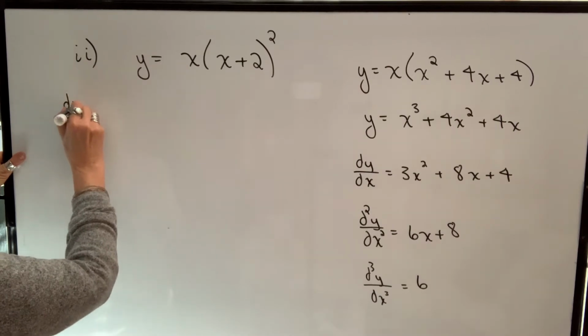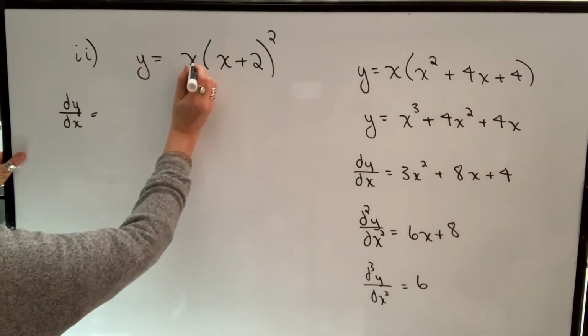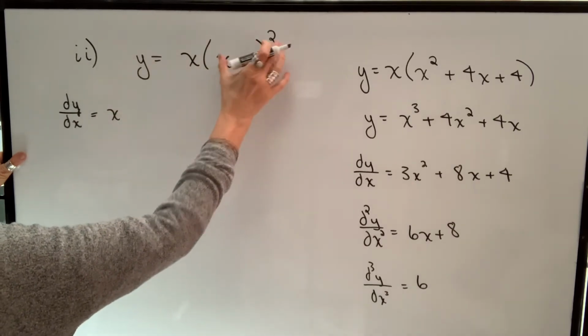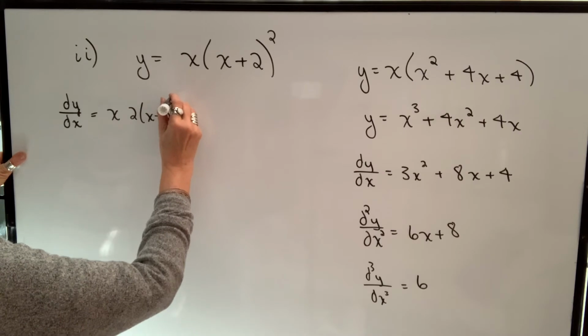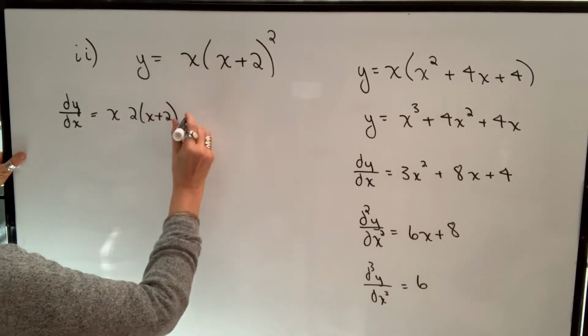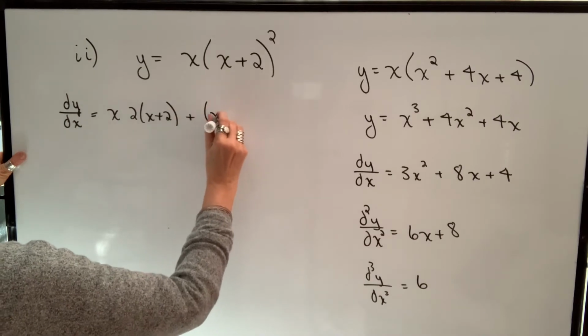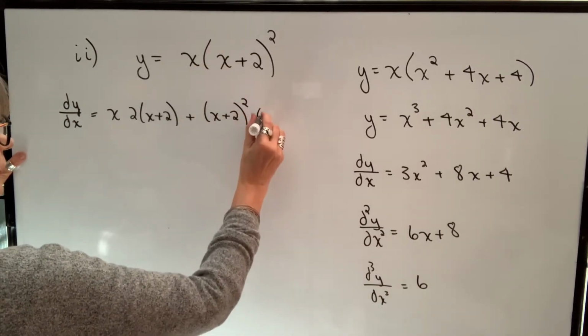So my first derivative would be x times the derivative of this, which would be 2 times x plus 2 to the power of 1, times the derivative of what's inside, x plus 2, which is 1, plus x plus 2 squared times the derivative of x, which is 1.